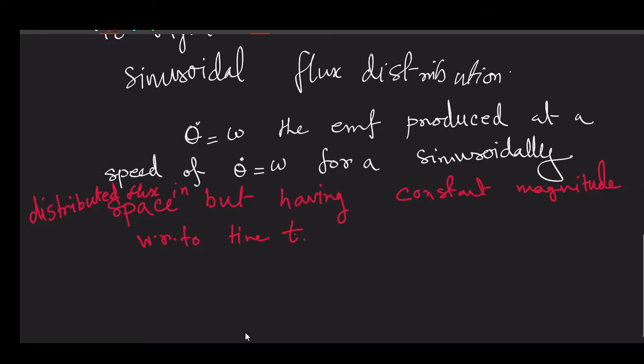invariant but distributed in space, then you need to make a constant traversal through the space. So, you can make your space angle change with time, and thereby you can experience variation of flux, because for time invariant flux, if you maintain a constant position inside your machine enclosure, then you will not experience any flux variation.